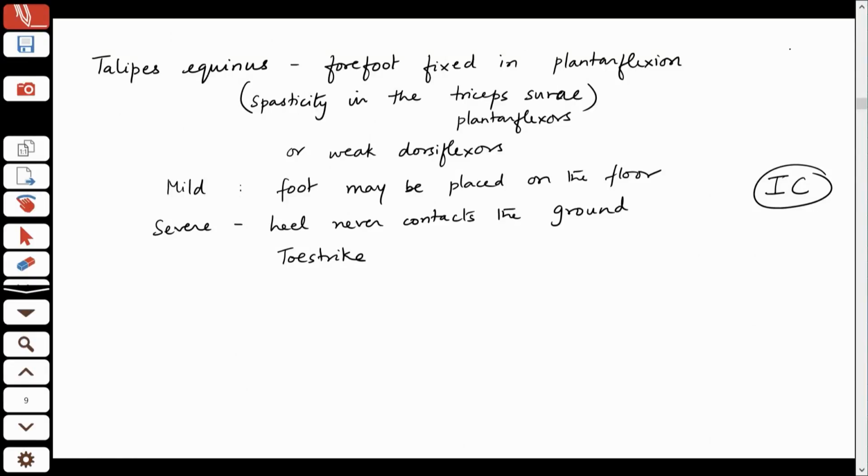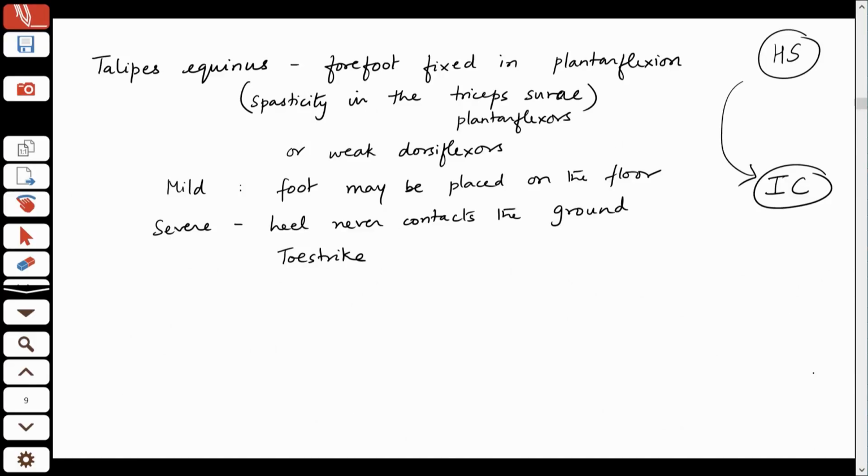Earlier a lot of literature used to use heel strike, but because this does not include cases where the heel may not be the first portion of the foot to contact the ground, they went to a more general initial contact of the foot. Terminology of using initial contact instead of heel strike or heel contact, because in pathological gait it may happen that the heel is not the first portion of the foot to strike the ground.